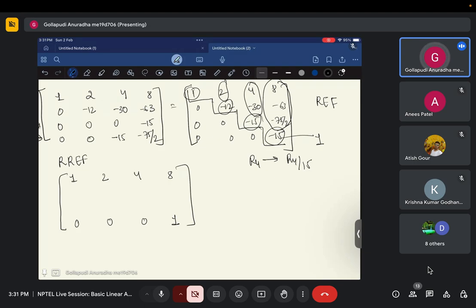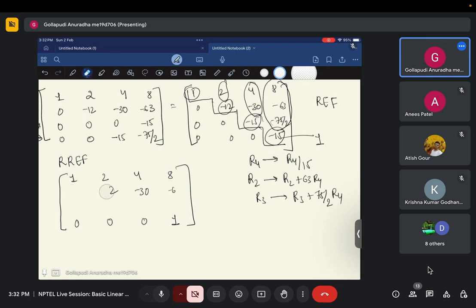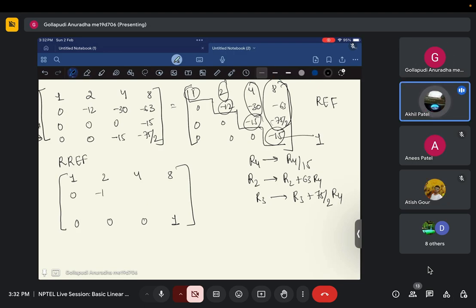Then I want to make this as 0, so row 2 goes to row 2 plus 63 into row 4, and row 3 goes to row 3 plus 75 by 15 into row 4. So R4 changes to R4 by minus 15.